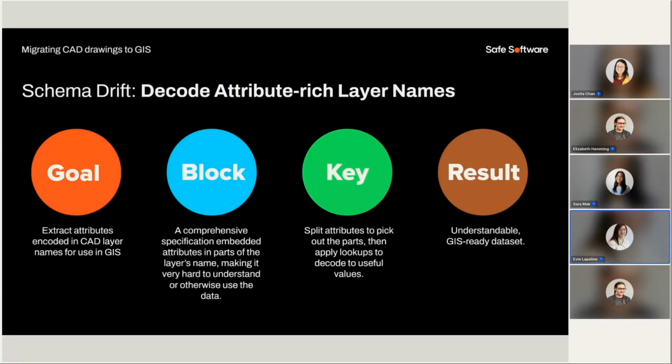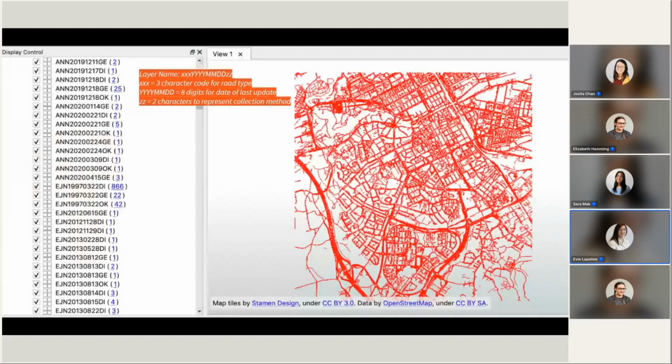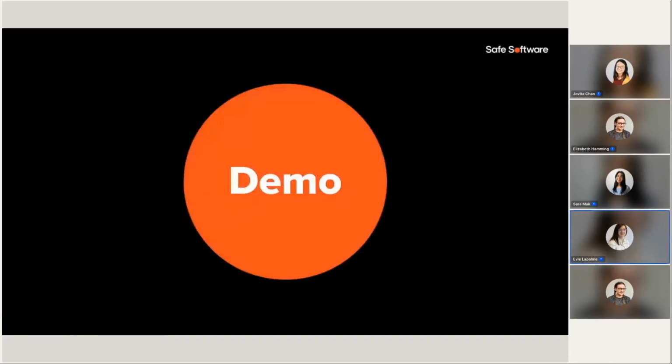So to look at the data, the layer name is a 3-character code for the road type, 8 digits for the date of the last update, and 2 characters to represent collection method. So this here is all of the layer names, and we'll go into the demo.